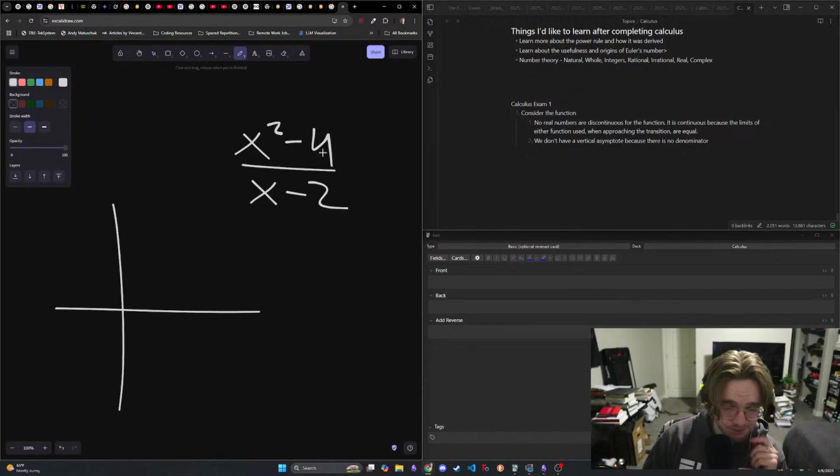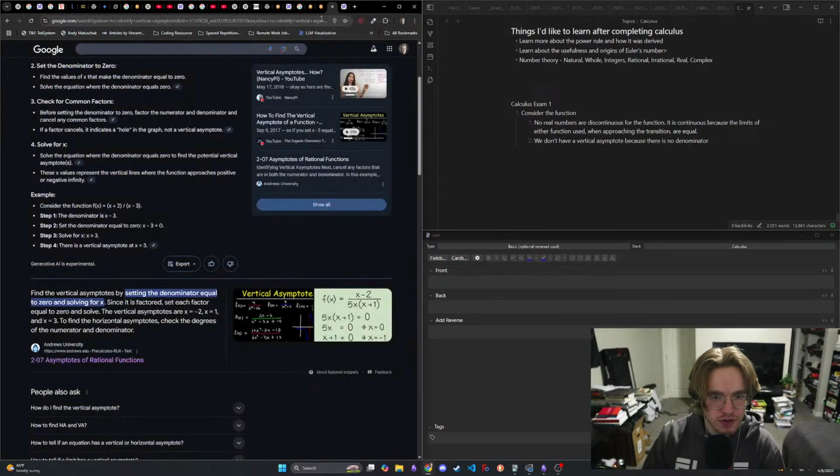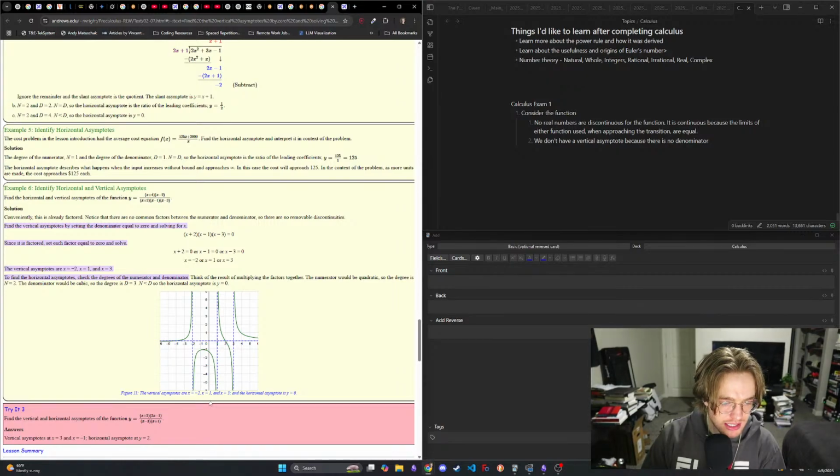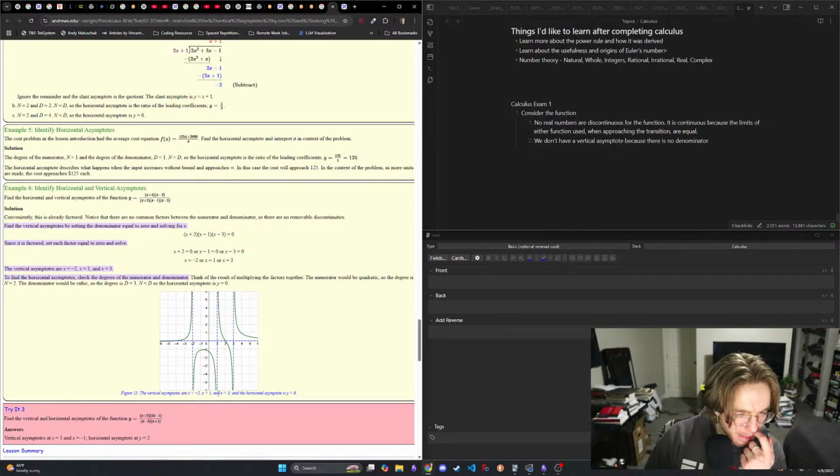The issue I'm having is that these vertical asymptotes that are shown approach infinity until they hit this point.